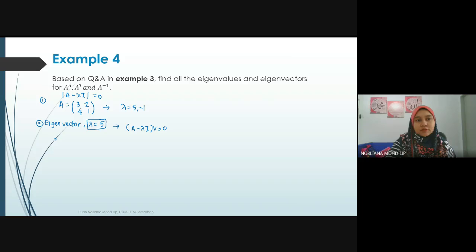So we have 3 minus lambda, 2, 4, 1 minus lambda, times v equal to 0. We substitute lambda equal to 5. So we get negative 2, 2, 4, negative 4, equal to 0.